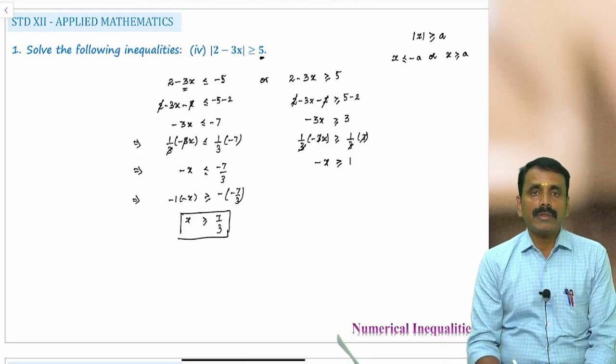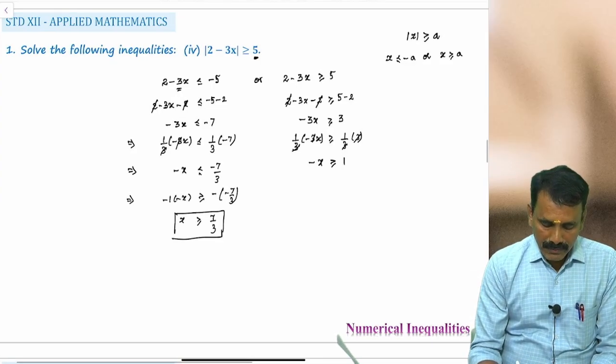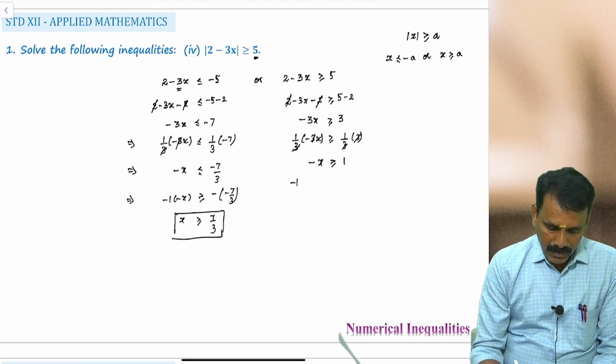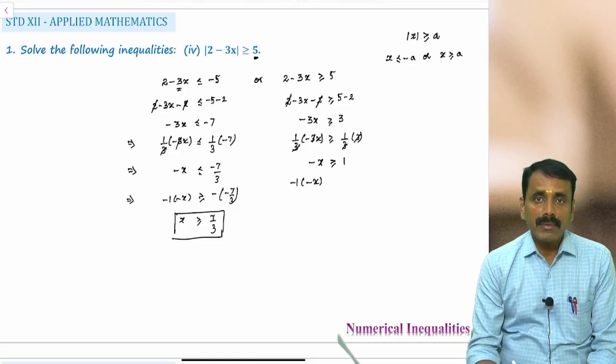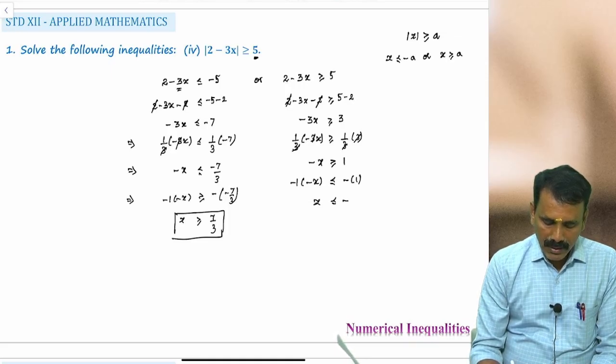I should multiply with the negative symbol, minus 1, on both sides. So minus 1 into minus x. Whenever we multiply by a negative, the inequality gets reversed, less than minus 1. So x is less than or equal to minus 1.